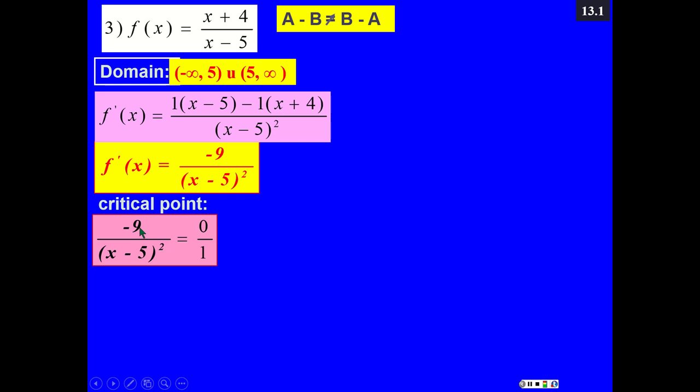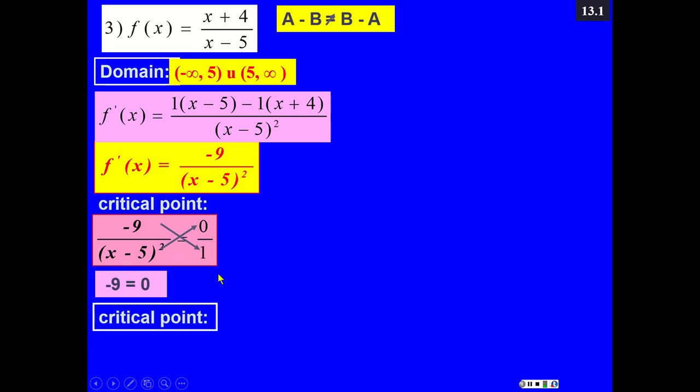That means minus 9 times 1 and then this denominator times 0. Minus 9 times 1 becomes minus 9. This denominator times 0 becomes 0. Now, by looking at it, there is no x to solve. Minus 9 equals 0. I do not have a true statement. Then my critical point is going to be none.